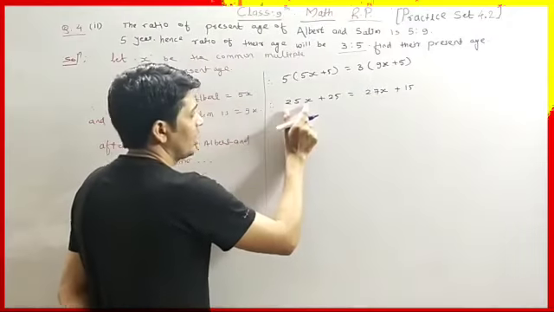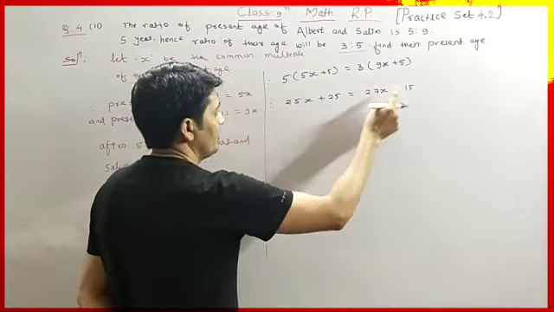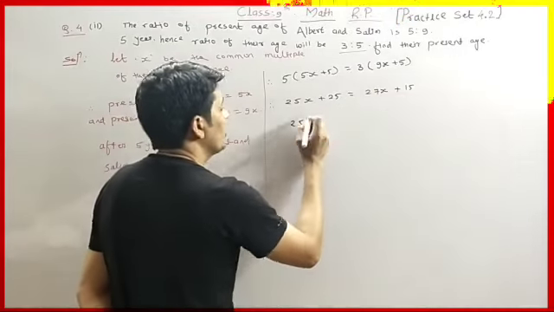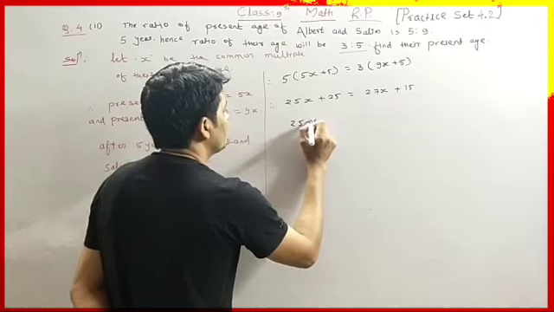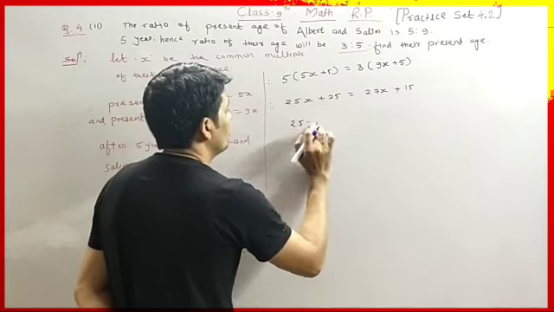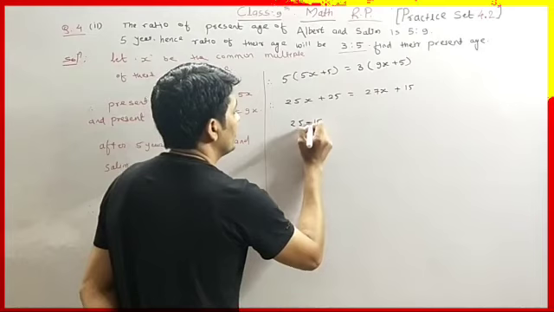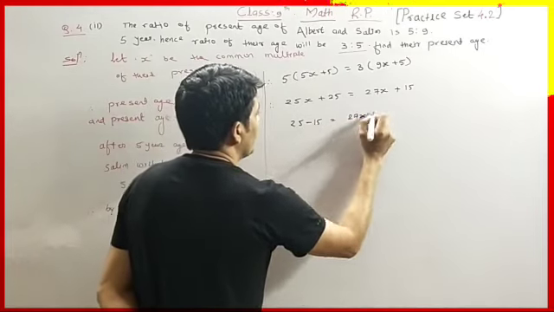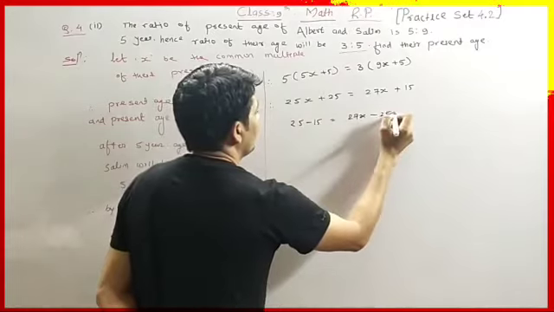So we transfer 25x to the other side, and 25 and 15 on this side. 25 minus 15 equals 27x minus 25x.